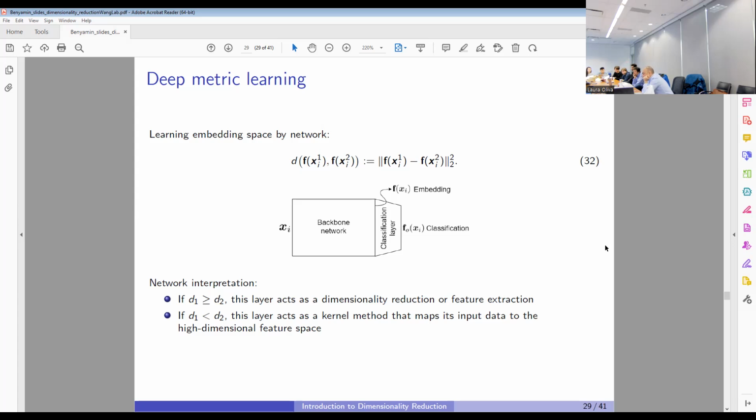By the way, now we have reached a point where you can say that a neural network is encapsulating almost all algorithms that we have talked about so far. Why? In a neural network, going from one layer to another, we are either increasing or decreasing the number of neurons, right? If we are decreasing the number of neurons, what is it?